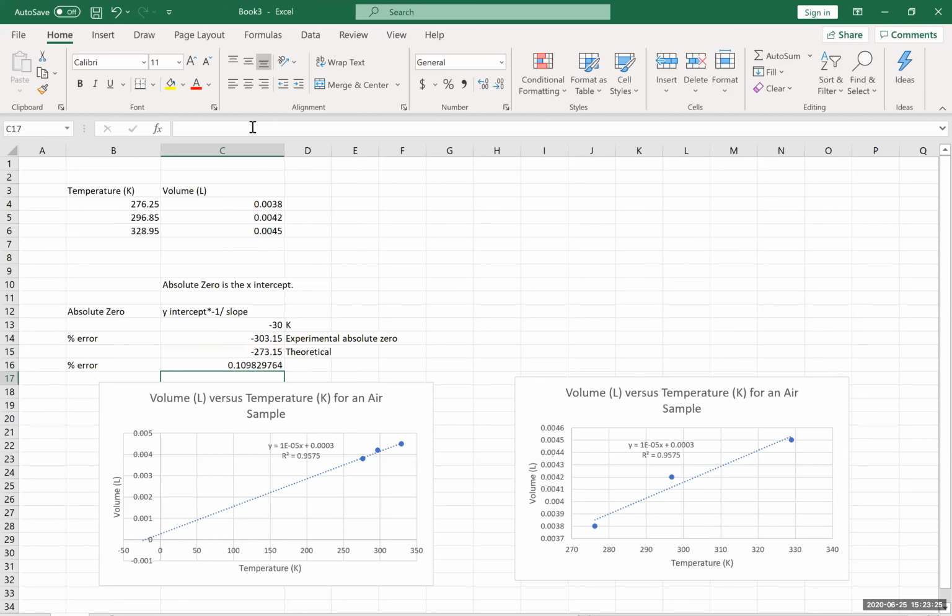This gives us a percent error of about 10.9%, or about 11%.